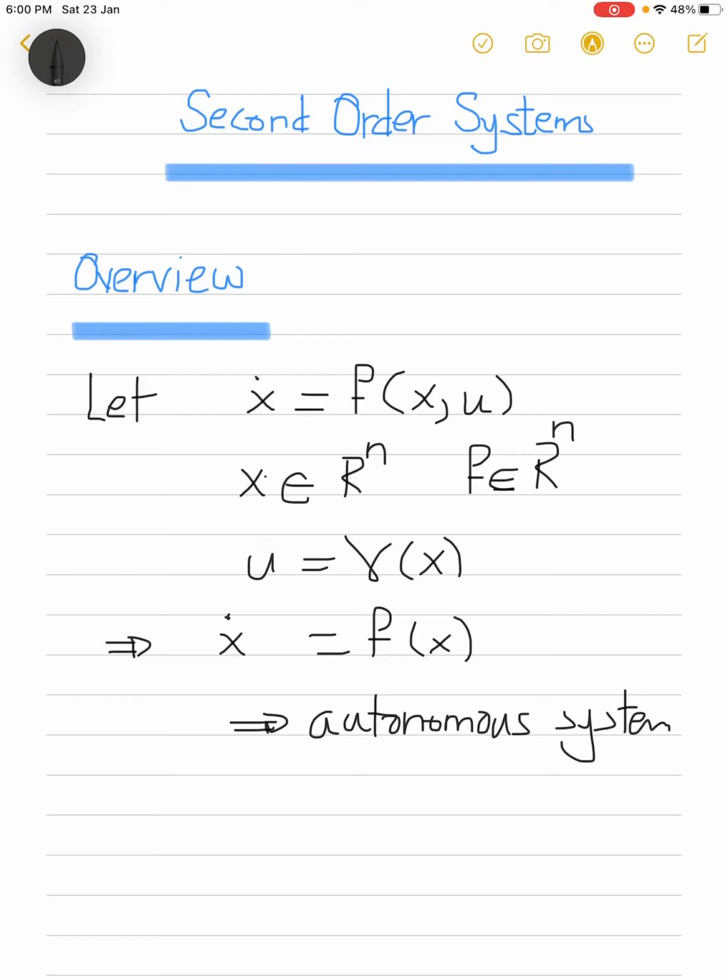Of course, the system could be of dimension higher than the second order, but as I said, in this chapter we will just consider second order systems.